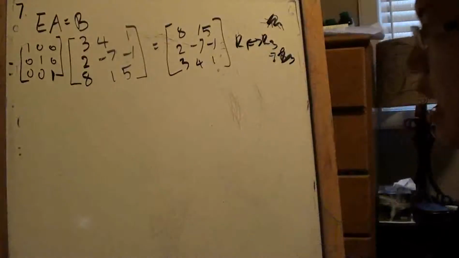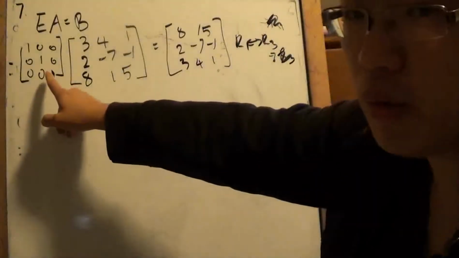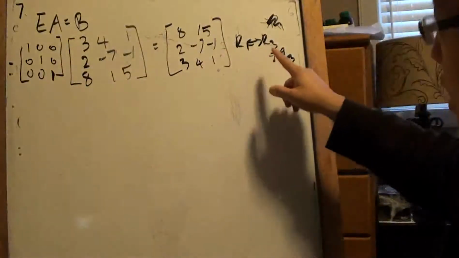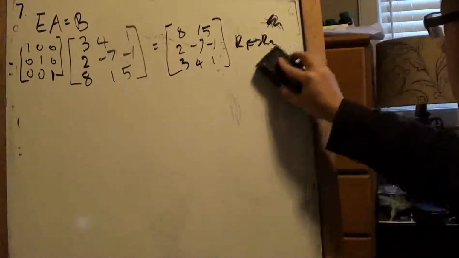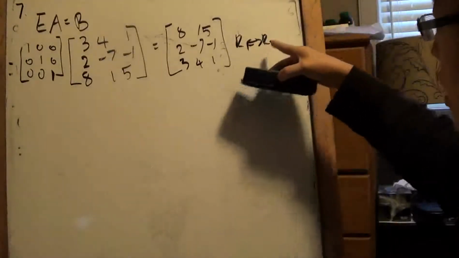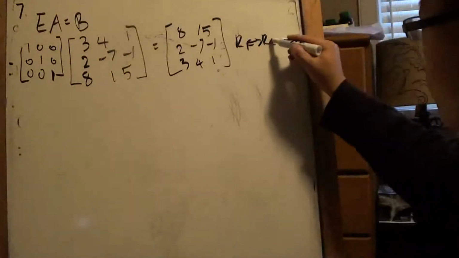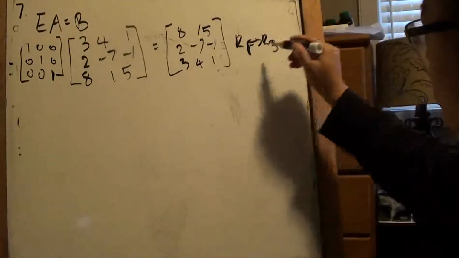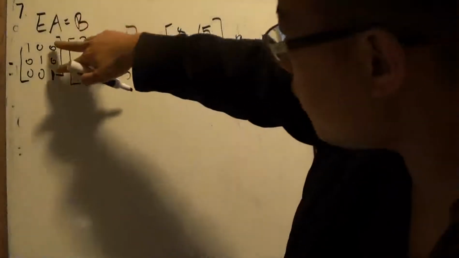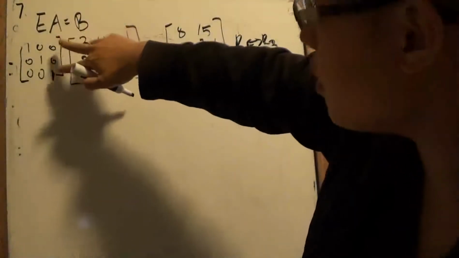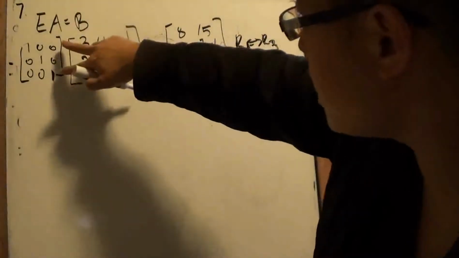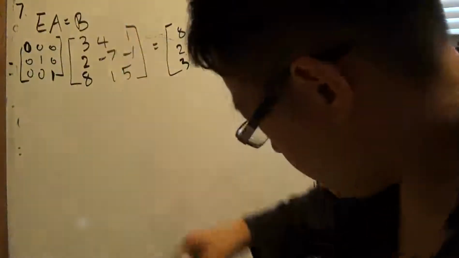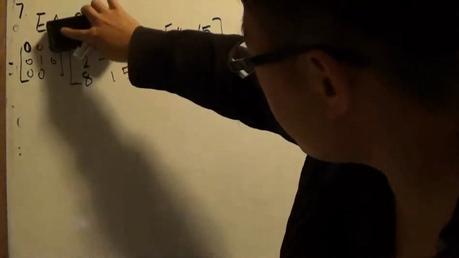That's all there is. Now, this is supposed to be what the E matrix looks like if there are no changes. Now that we know the first row and the third row changed, I'm going to swap them.